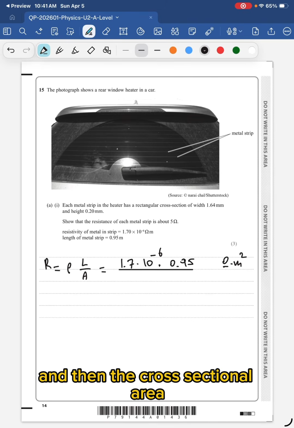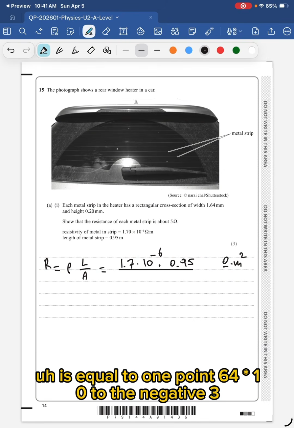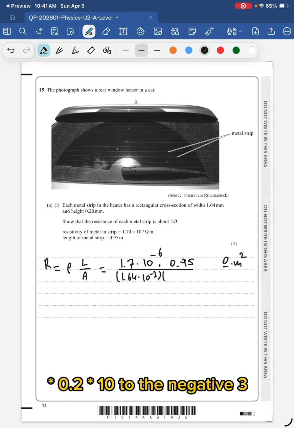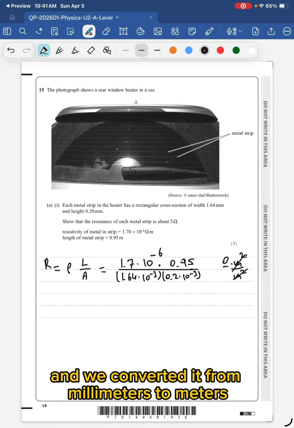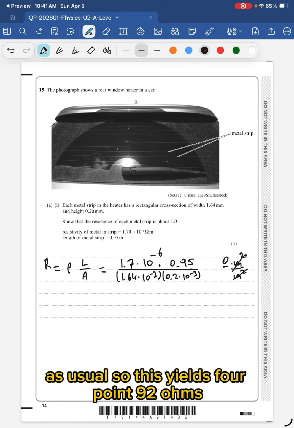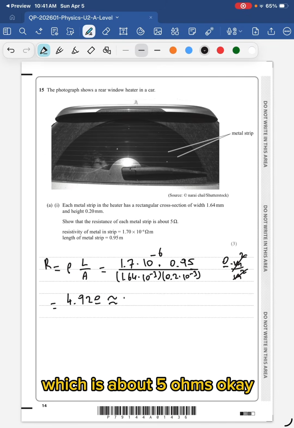And then the cross-sectional area is equal to 1.64 times 10 to the negative 3 times 0.2 times 10 to the negative 3, and this is in meters squared, and we convert it from millimeters to meters as usual. So this yields 4.92 ohms, which is about 5 ohms, okay, which is what they ask.